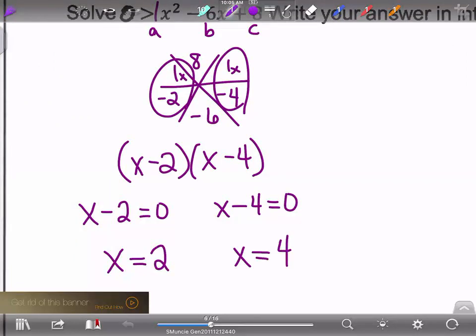If I do that, you should end up with x values +2 and +4. Are we okay so far?